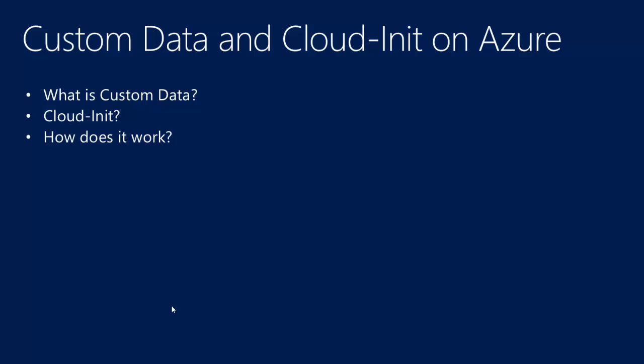So how does it work? As of version 0.7.5 of the Azure cross-platform command line tools, there's a new parameter called custom data. This parameter takes a file name as an argument, and the tools will then base64 encode the contents of the file and send it along with the provisioning configuration information.